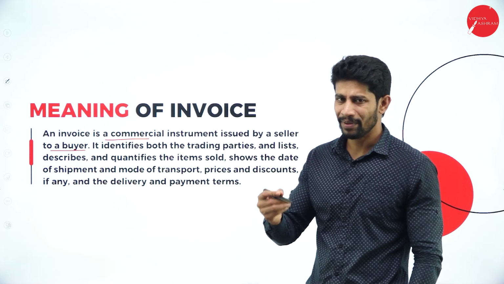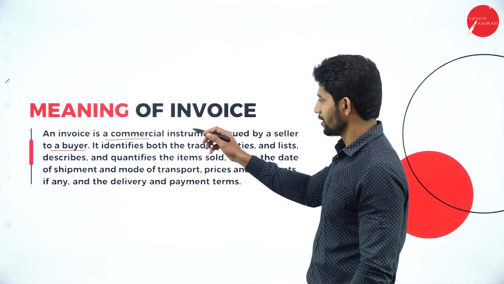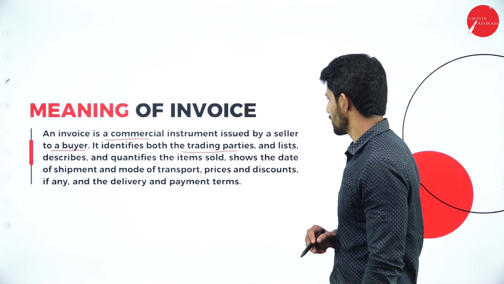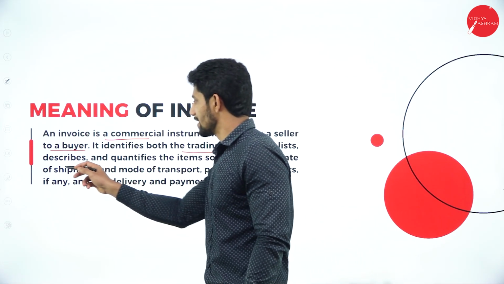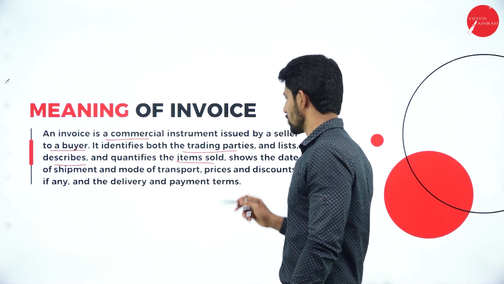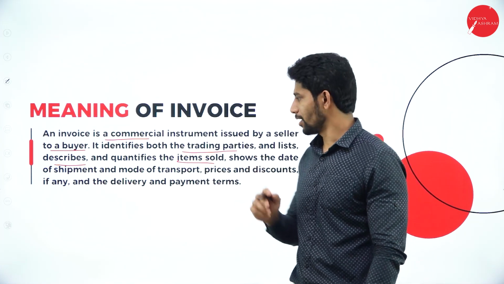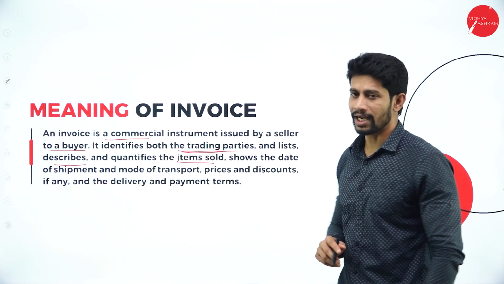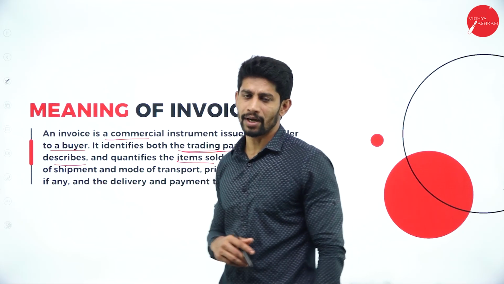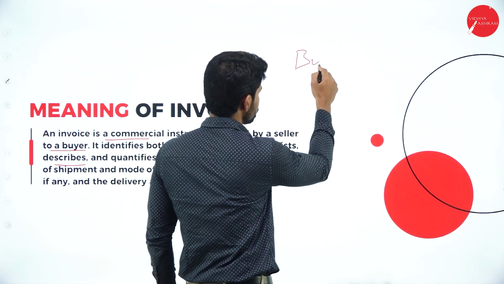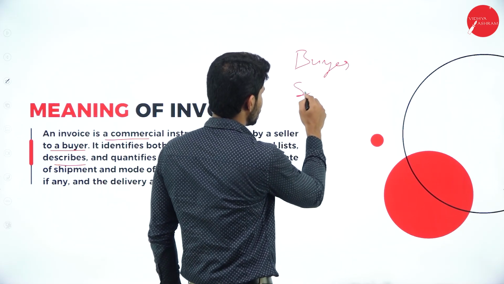That is the basic meaning, and it identifies both the trading parties and lists, describes and quantifies the items sold. First, this invoice identifies both the trading parties. So who are the trading parties? Two parties will be there, the buyer and the seller.